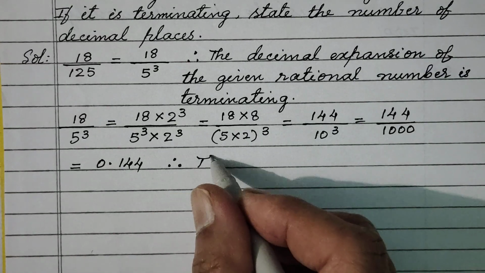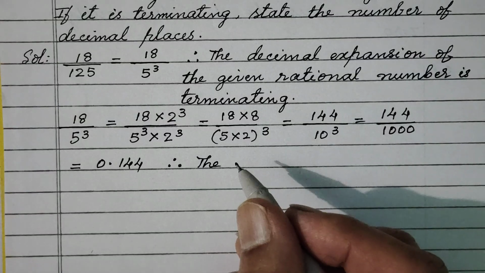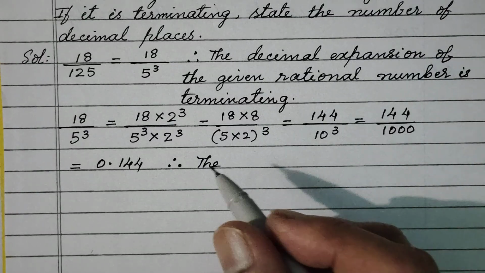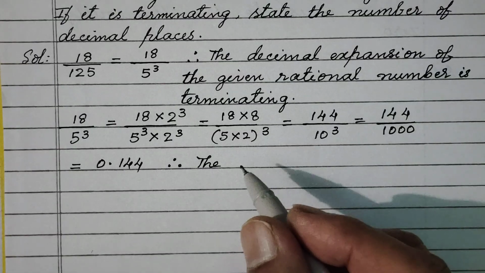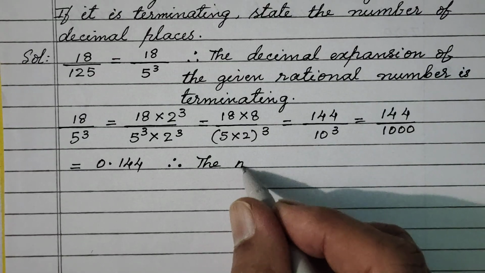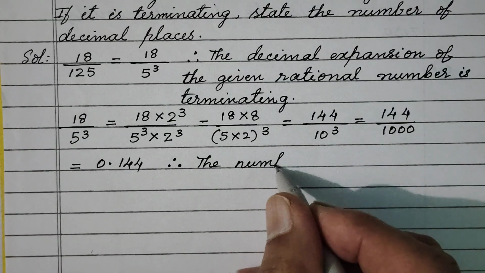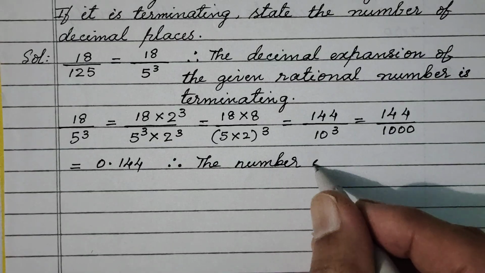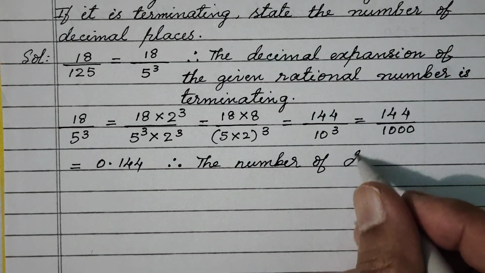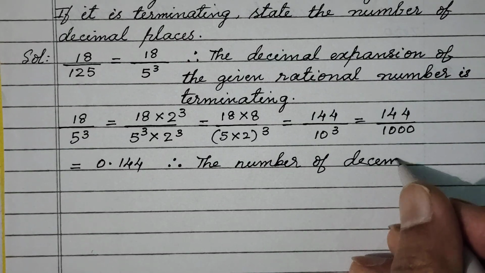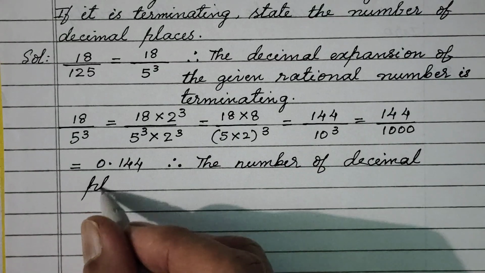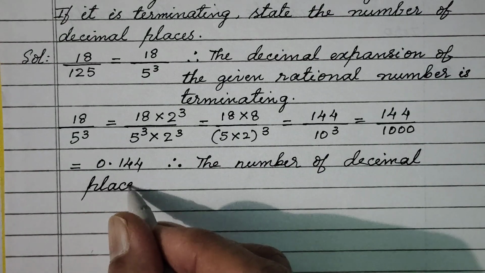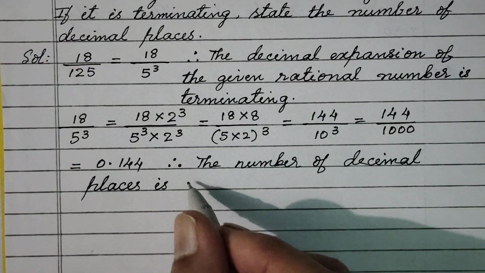Therefore, the number of decimal places is 3.